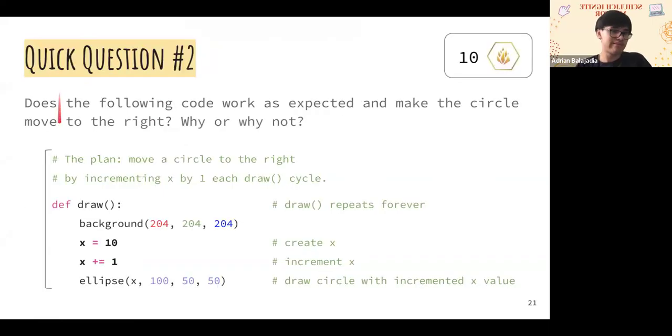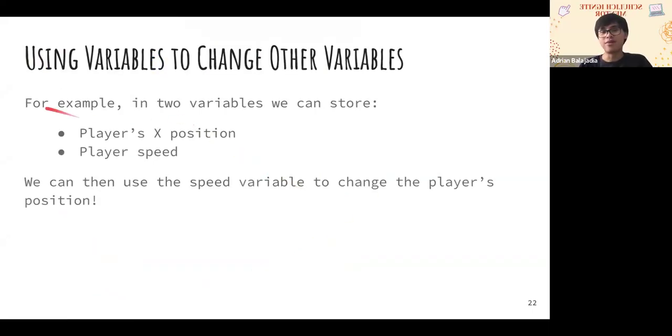So X could just be the way that we draw the circle. You could probably use variables in other contexts, like two variables we can store as the player's X position and the player's speed. And then we could modify the speed variable to change the player's position.